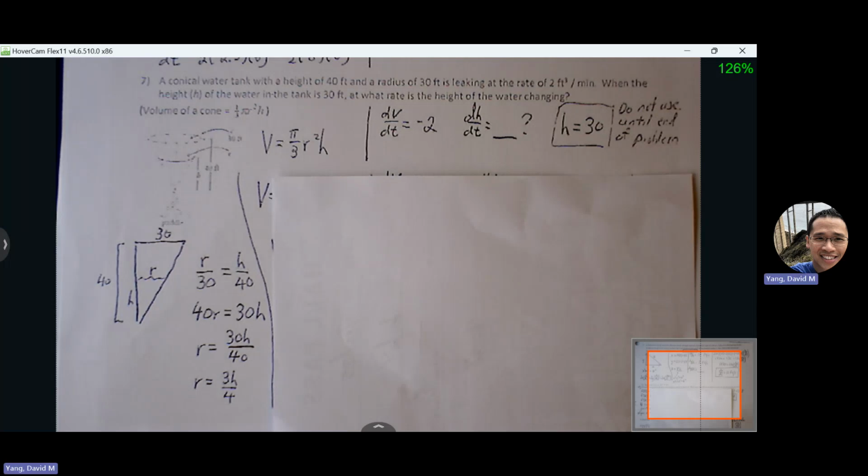Spend a few minutes, see if you can decide which direction you want to go for number 7. In a few minutes, I'll go through the steps.